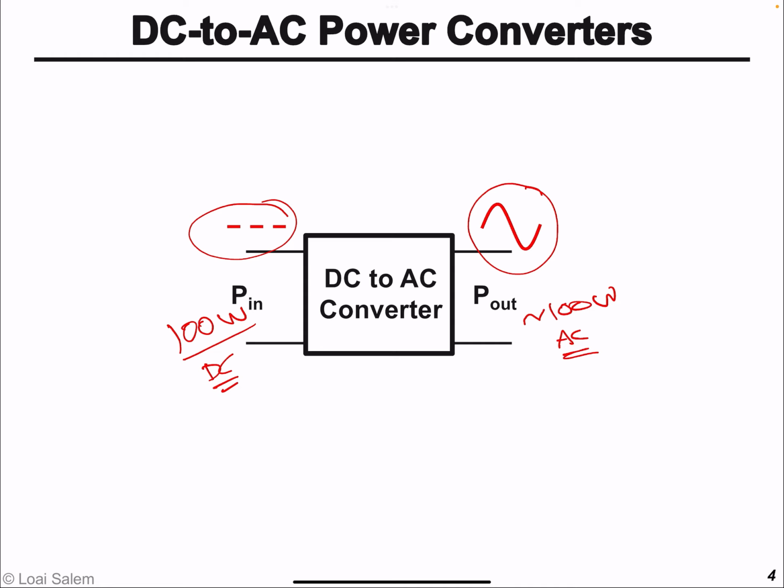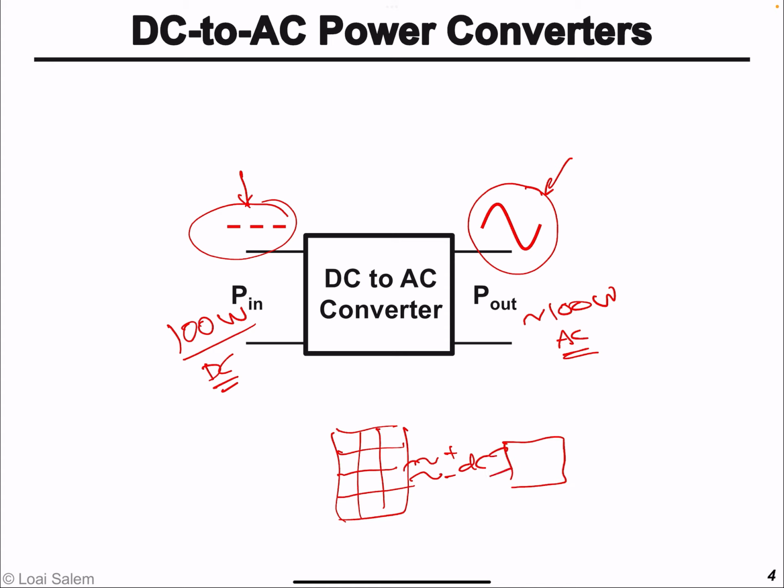More specifically, a DC to AC converter converts the input DC voltage into an AC voltage. For example, a 60 hertz DC to AC converter takes power from a solar panel. The solar panel produces DC voltage, and the DC to AC converter takes this DC voltage and converts it into AC to interface with the 60 hertz voltage.